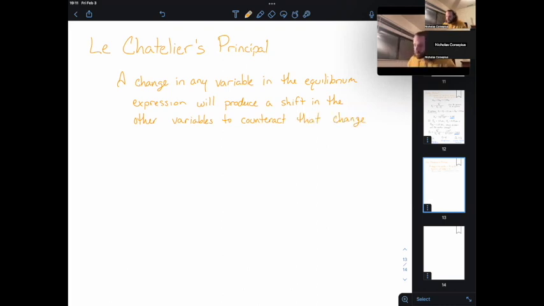Okay, so what do I mean by that? So let's just take our same sample reaction here. Oops, gotta balance.